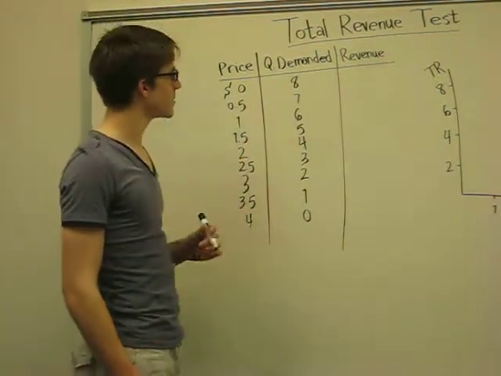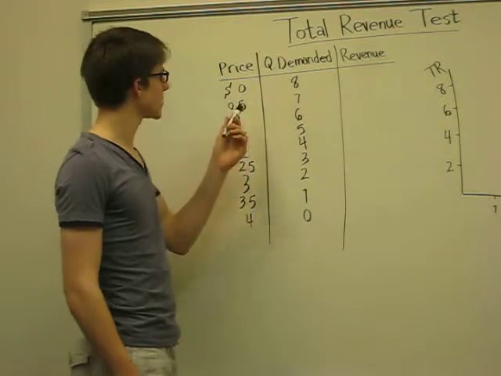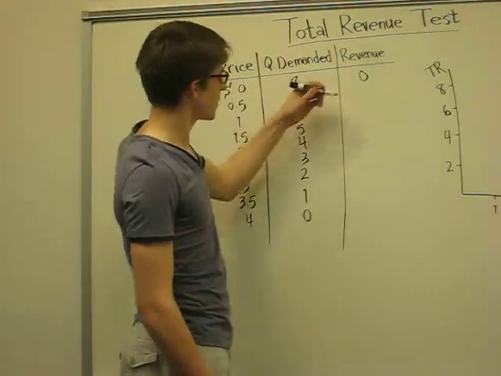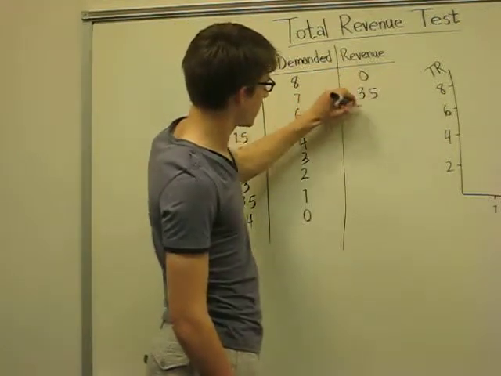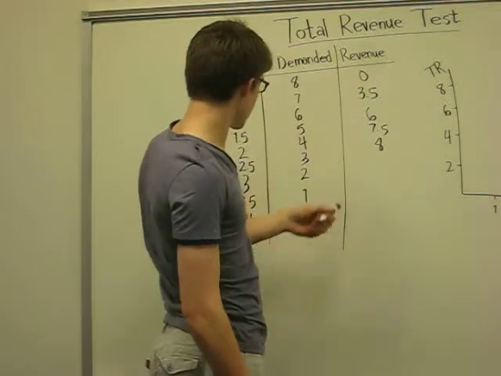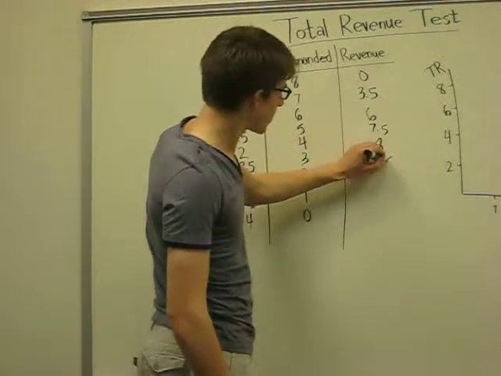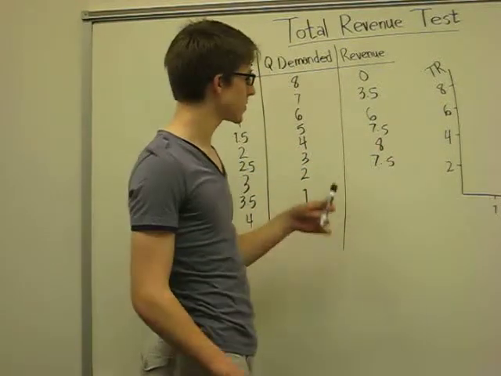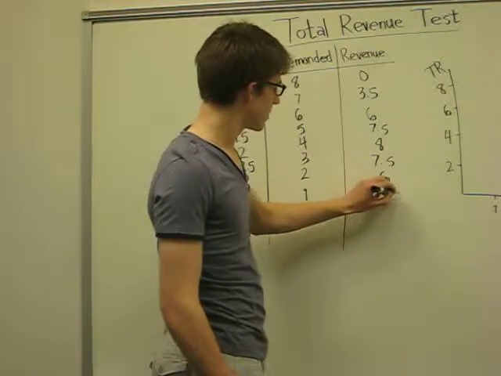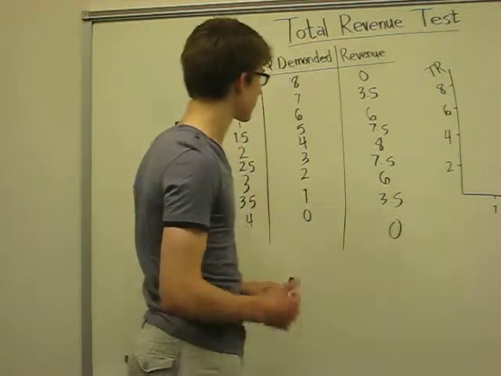So we can easily fill out the last column of the table. 0 times 8 is 0, and then 3.5, 6, 7.5, 8, and then back down symmetrically. It won't always be the case that it'll go back down symmetrically, but in this case it is. 6, 3.5, and 0.